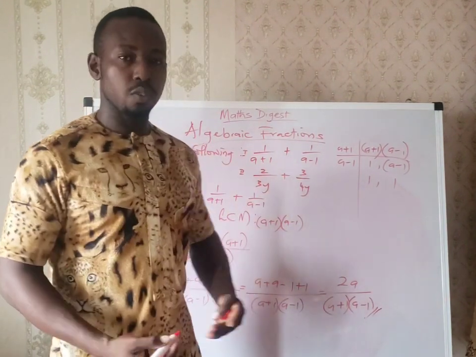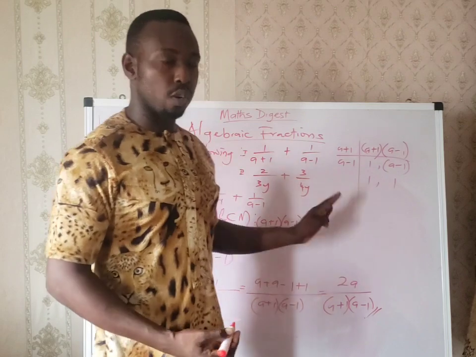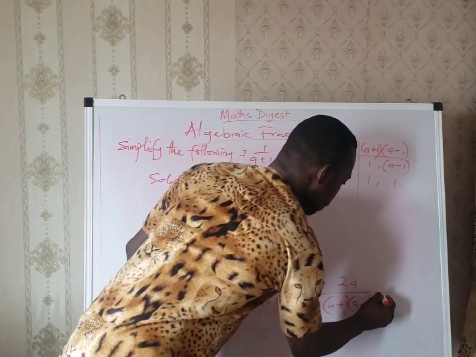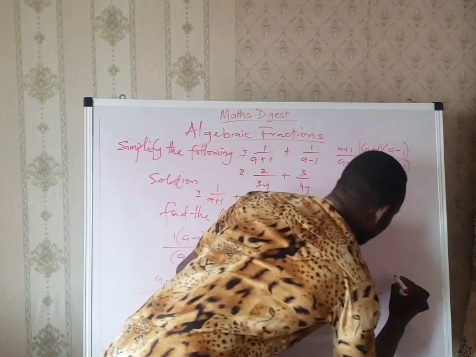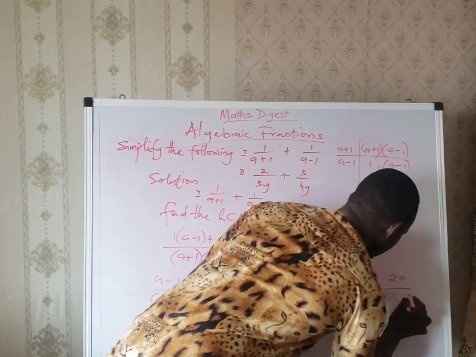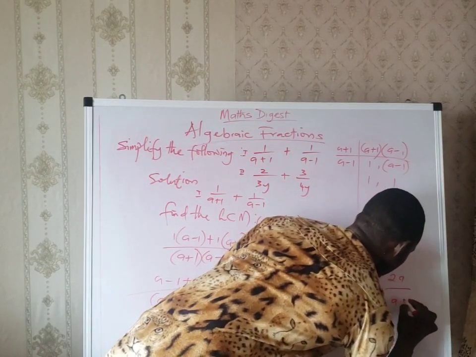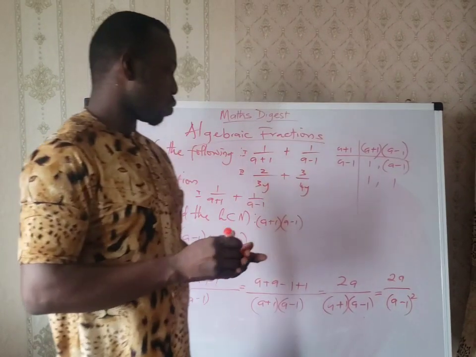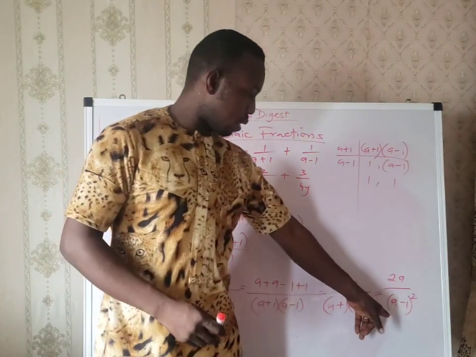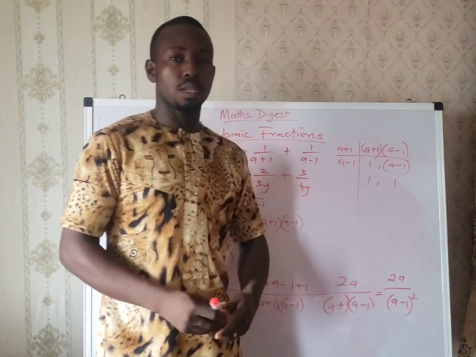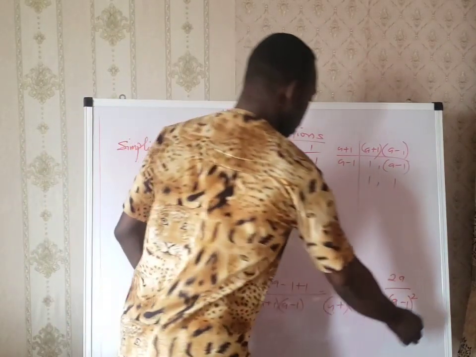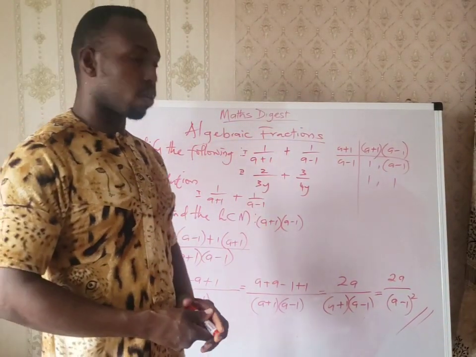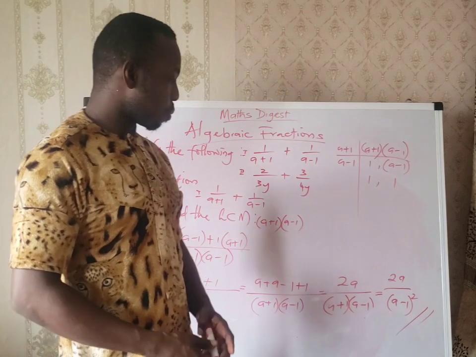But if you didn't see something like this and you know you solved well, please note that this can equally be written this way: 2a all over a minus 1 squared. Okay, so if you stop at this, you are good to go. Thank you very much.